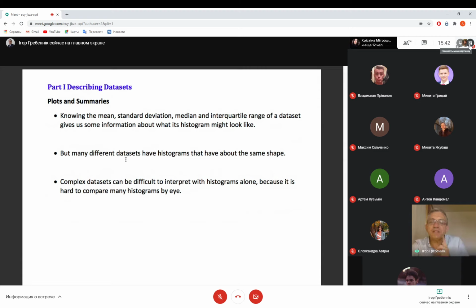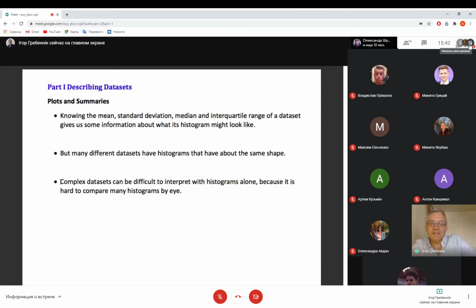But many different data sets have histograms that have about the same shape. If we glance at both histograms by eye, we cannot tell them apart, even with different means, standard deviations, and other numerical characteristics.